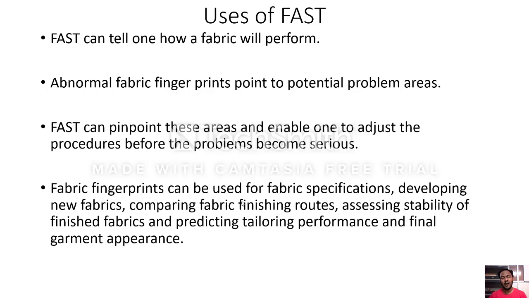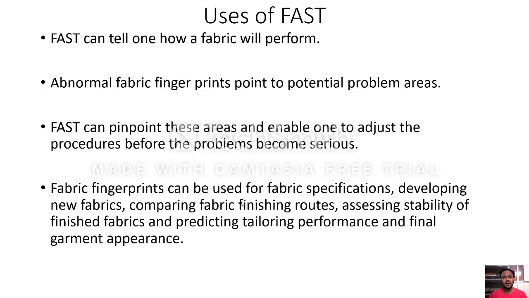So you can see how advantageous it is, using very simple instruments. We are not using any complex instruments here like the Kawabata evaluation system. We use very simple instruments where the instrumentation is easy, and the calculation of parameters is very important and easily predicts the particular problem that we are going to face. So you can see how greatly advantageous the FAST system is.